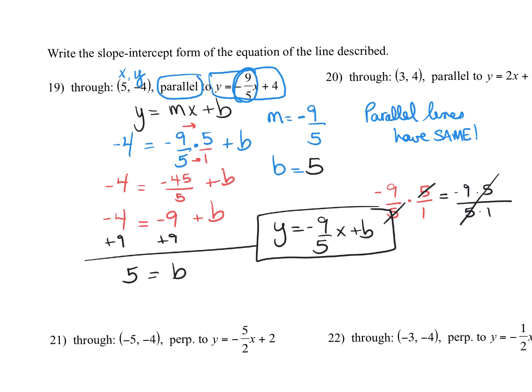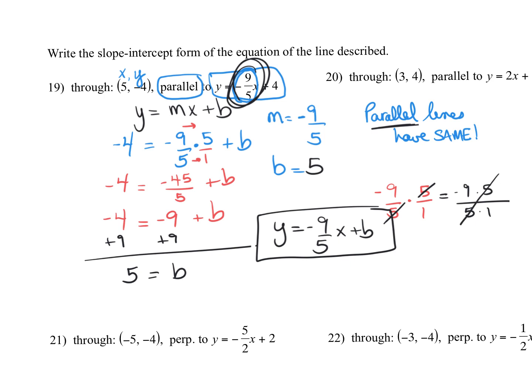Using the slope already given to me in my equation allowed me to skip that step of trying to find the slope. It's already given to us. And we use that -9/5 because parallel lines require the same slope so they don't intersect.